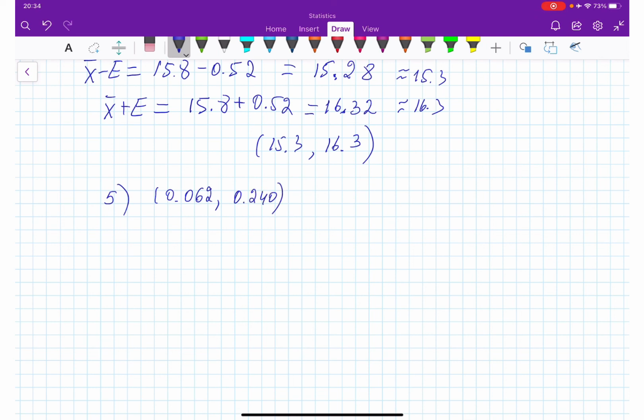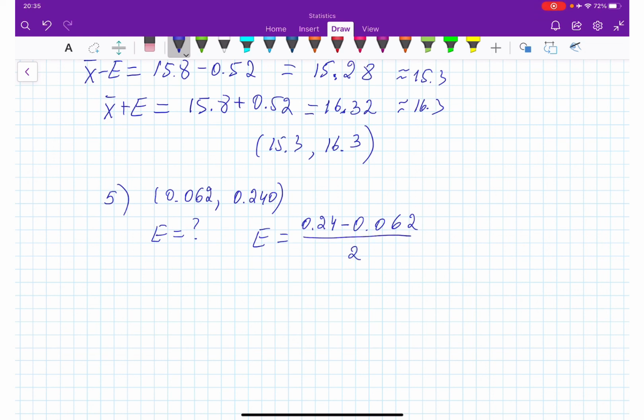So we need to find margin of error and sample mean. So first let's find margin of error. When we find margin of error from the interval, it's going to be equal: you take one end of the interval, 0.24, and subtract the other end, which is 0.062, and divide by 2.